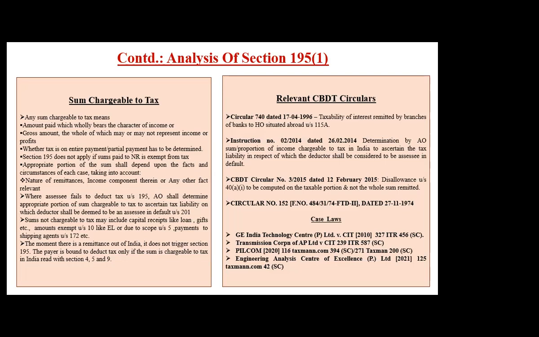Of course, now I think in section 9(1) subsection 5, there is a specific explanation which says that whenever a resident banker makes a payment to its foreign branch, then the sum is chargeable to tax and it will come under the ambit of section 9.